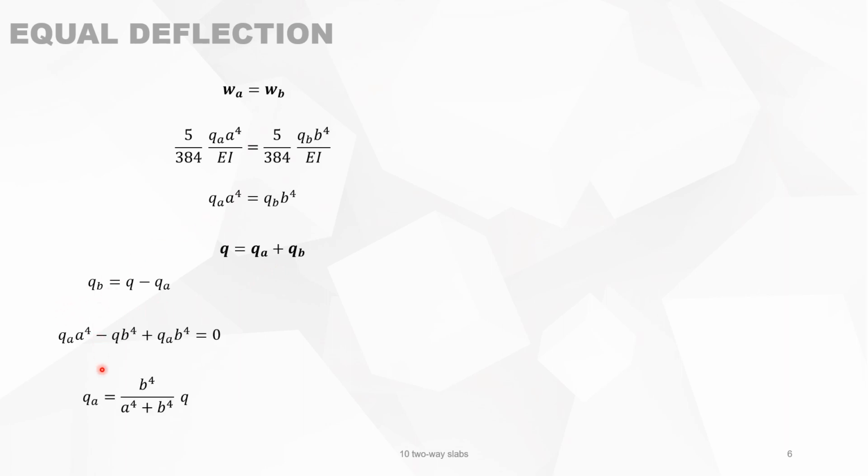When you do so, you have the load carried over in the direction of A, which is proportional to the dimensions of the slab in plan view. The same you can do in the other direction, of course, it is just purely symmetrical.